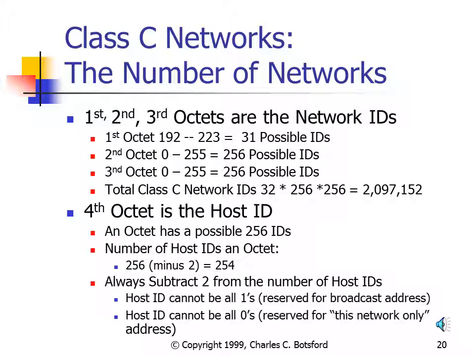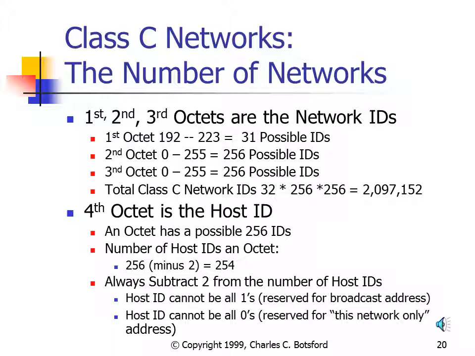Remember, the numbers before 192 are either Class A or Class B addresses. So the first octet has 32 possible IDs, and then the entire second and third octets are dedicated to network addresses, so in both of those cases we have 256 possible IDs. So the total number of Class C network IDs is 32 times 256 times 256, which is about 2 million different possible Class C networks.